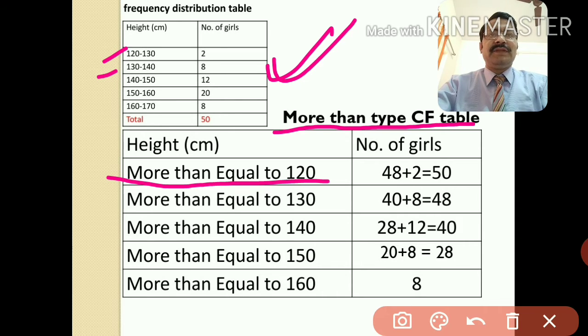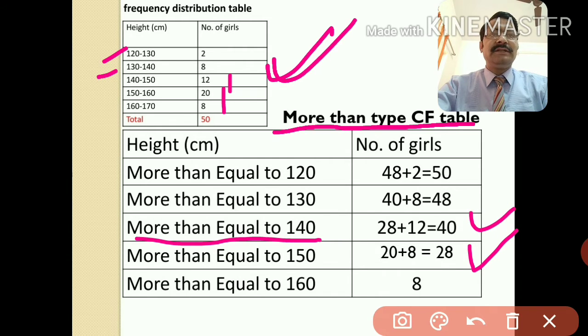You can check, more than 160 is 8 only, so write 8 here. Now more than 150 we have the last two, so add 20 plus 8 is 28. Now more than 140, we also have to add 12, and 28 plus 12 is 40.